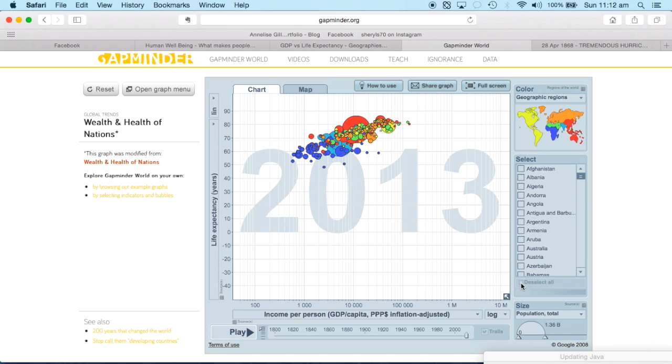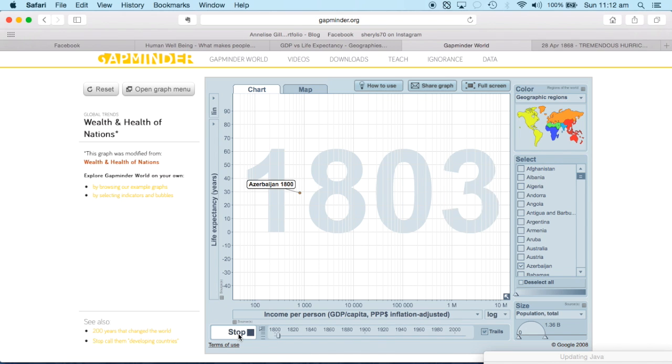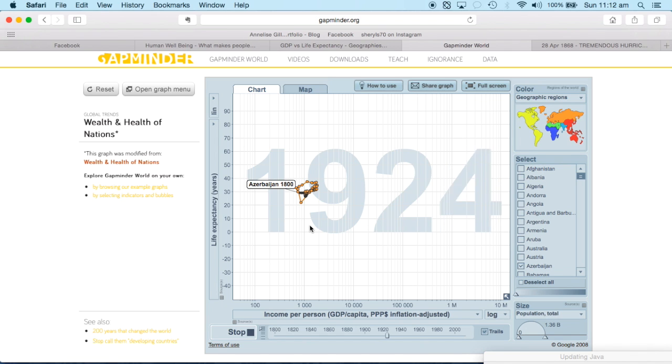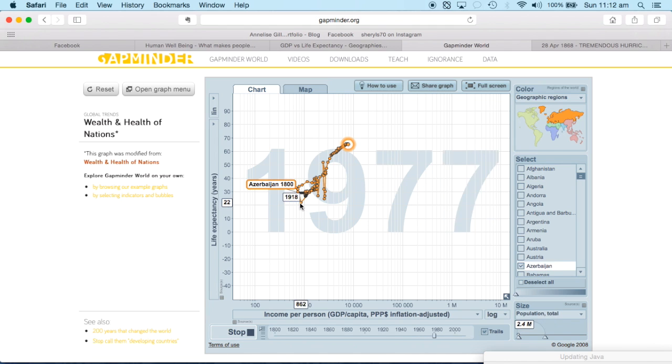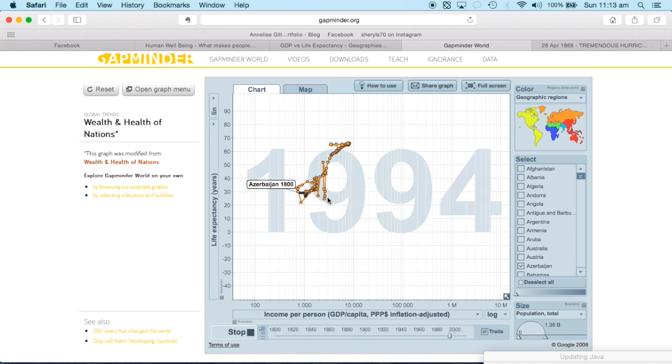Oops. Let's try Azerbaijan. So you can have a play around with some of the countries. Some of the smaller countries often have more interesting paths to them than your larger Western countries, like Azerbaijan, which is kind of all over the shop.